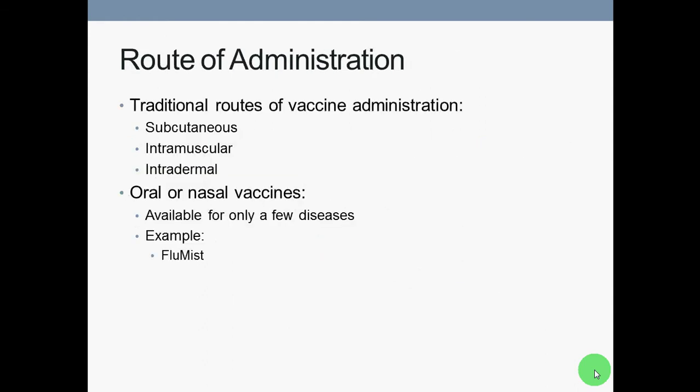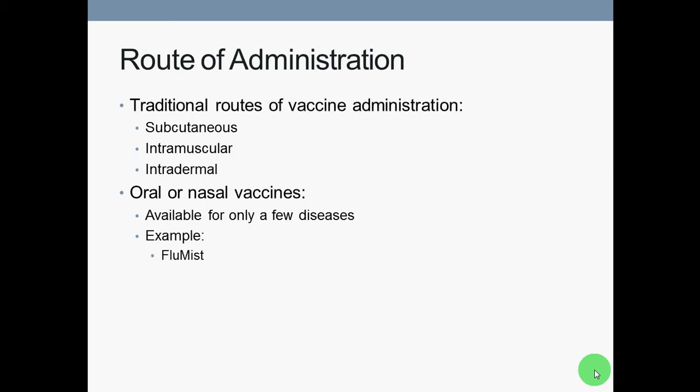Another thing that goes along with vaccines is not just what antigen do you use, but also how do you administer it. That's one of the key things to developing a good vaccine: it should be easy to administer. The traditional ways that we administer vaccines are subcutaneous, so just under the skin, intramuscular, in the muscle, or intradermal.